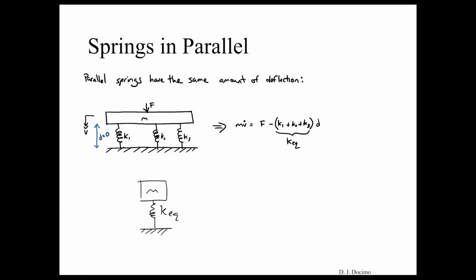So we can redraw the system as a mass with a K equivalent, and all we need to do to figure out that K equivalent for springs in parallel is to sum all the individual spring constants together. In this case, n is equal to 3, and we would just add K1 plus K2 plus K3 to get that equivalent spring.